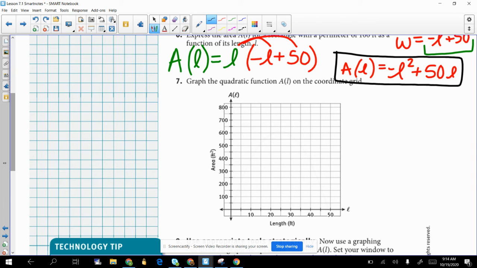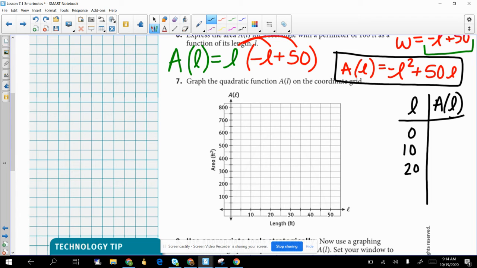And what I would do is maybe make a table. L is like your x-axis, and area, A of L, is like your y-axis, right? So I would plug in a few points. So maybe you want to plug in like 0, 10, 20, 30, 40, 50, just because those are the tick marks on the L axis.